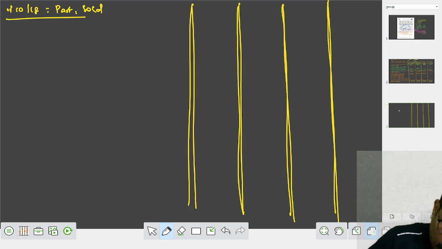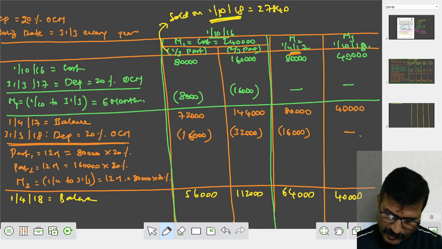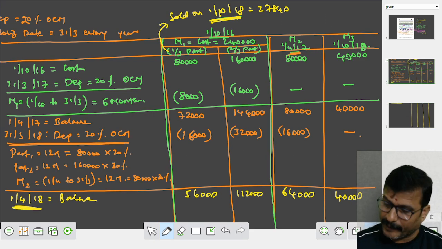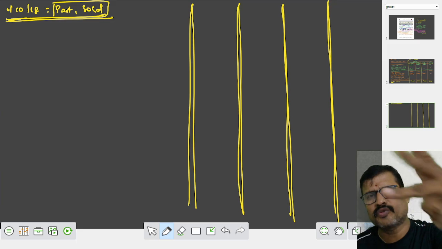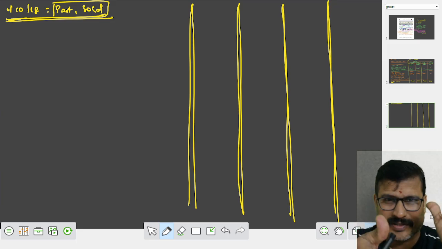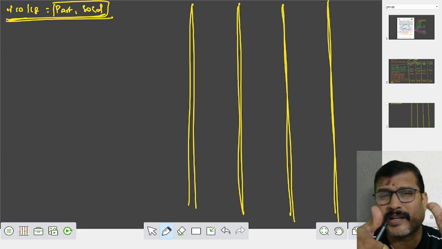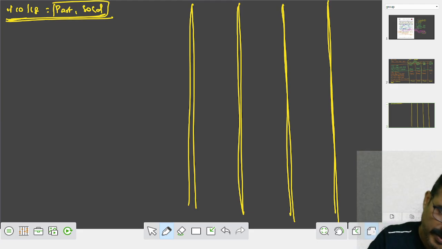Part 1 sold. Underline, you put a box. What is a time gap? Please listen. What is a time gap from April to this October? April, May, June, July, August, September. Since sold on October 1st, we should not consider October 1st for depreciation. So, how many months we are getting? 6 months.